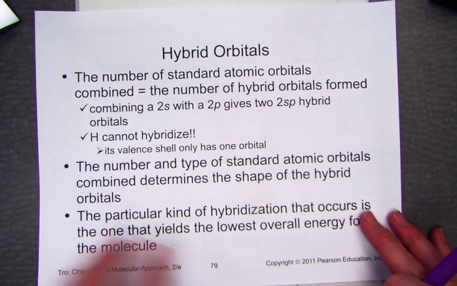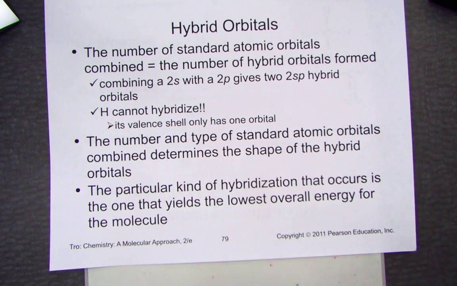So for hybrid orbitals, the number of standard atomic orbitals combined equals the number of hybrid orbitals formed. So combining a 2s with a 2p gives 2 sp hybrid orbitals. On a note, hydrogen cannot hybridize. It's simply the smallest atom and can't be promoted because it only has a 1s shell, and it only has one orbital. There's nothing to promote it into.